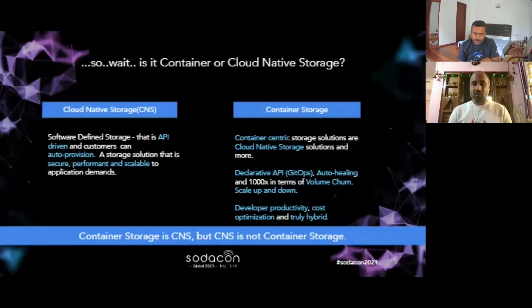But then when cloud native came into the picture, it extended the definition of software-defined storage into how you build highly performant and scalable systems, because this is the time when Netflix and Amazon were growing, and companies were developing or deploying software directly on the cloud. The term cloud native really comes from there, where you design your applications to run in the cloud, and in essence you get all the good things that software-defined X introduced in terms of API driven auto provisioning, plus being more performant and scalable.